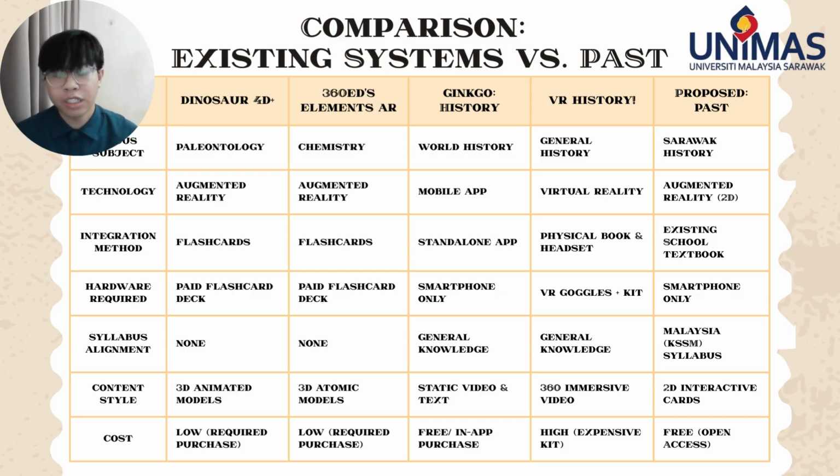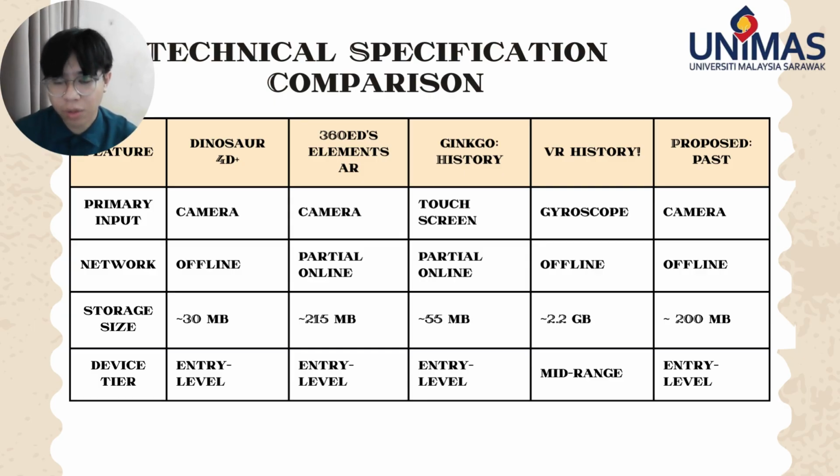For the content style, I want to use 2D interactive cards, and for the cost, there are no other costs for this application, which is free and open access by using only a smartphone.